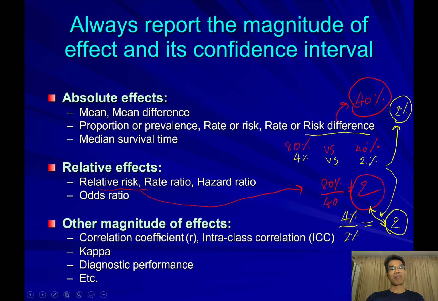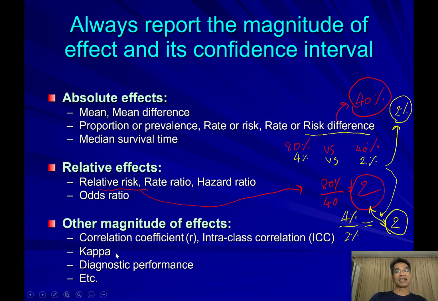Some magnitudes of effect, like correlation coefficients, determined by r, show how correlated it is from 0 to 1. 0 means no correlation, 1 means perfect correlation. Intraclass correlation is to see the quantities going along together, used in some research to demonstrate reliability, for example.